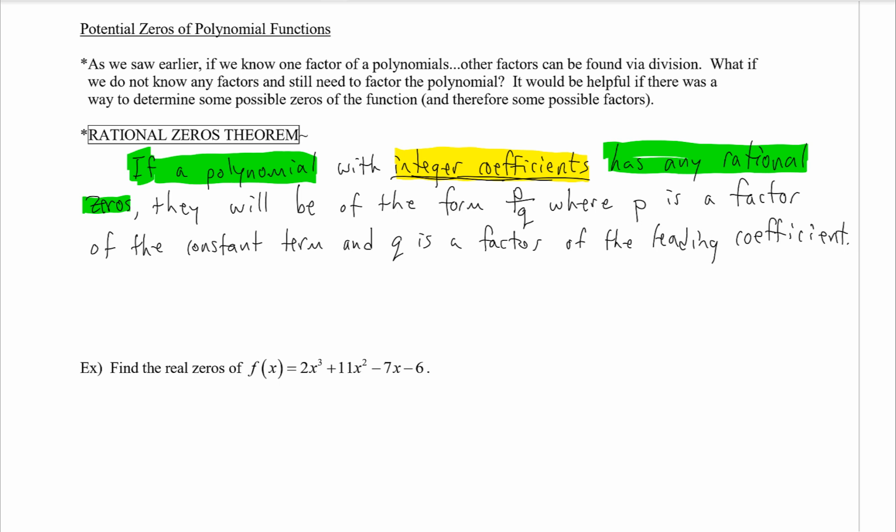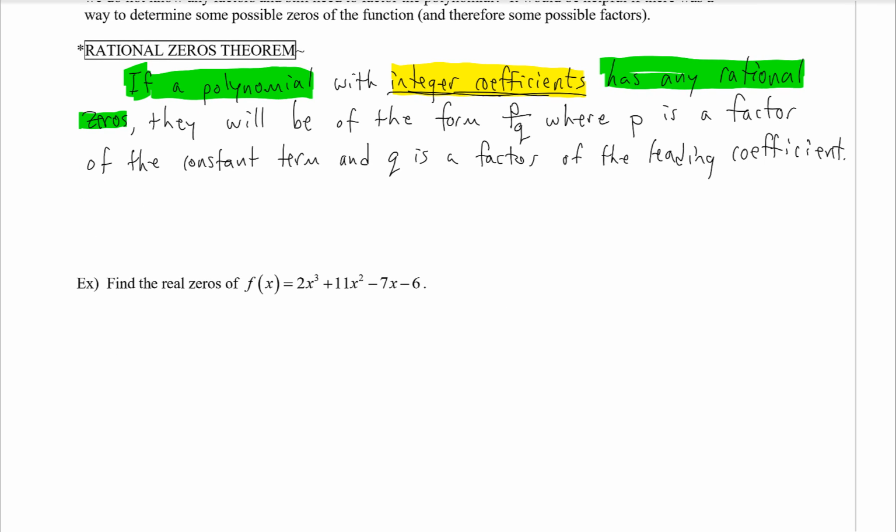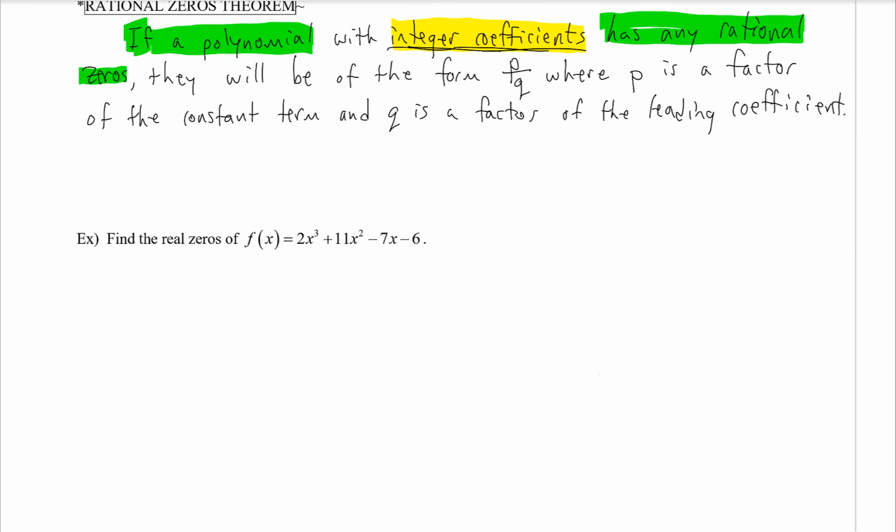Some polynomials have zeros that are all rational. So there's a hodgepodge of what's possible. So this particular theorem is only for polynomials with integer coefficients, and then it's only helpful if the polynomial has some rational zeros. It turns out quite a few polynomials meet these conditions, so it's still fertile ground in which to play here.